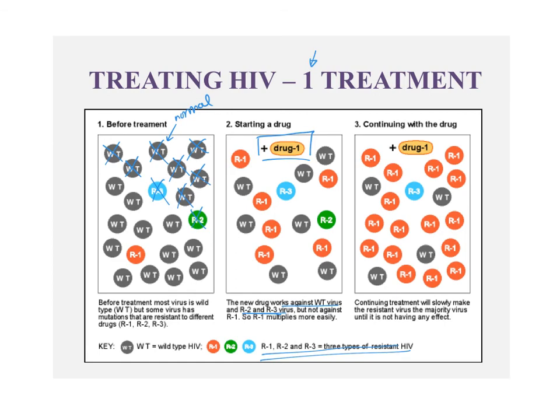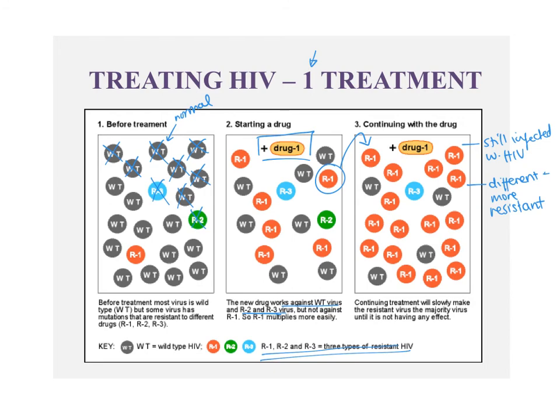But you can see over time, R1 isn't being destroyed, and that means that R1 type of the virus is able to multiply lots and lots of times over, and you're still infected with HIV. You've still got that virus floating around in your body. You're now infected with a different and more resistant type. So if anything, despite starting treatment, in this case, you've made it a little bit worse for yourself because the drug isn't having an effect.